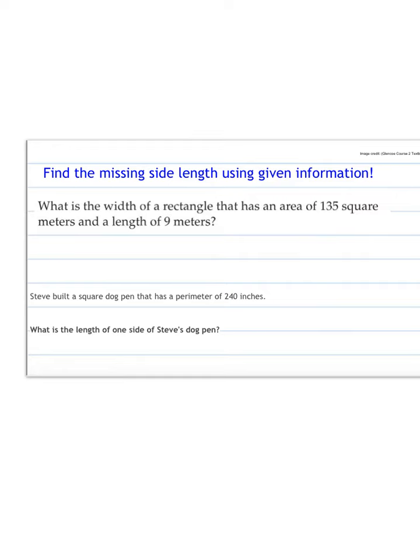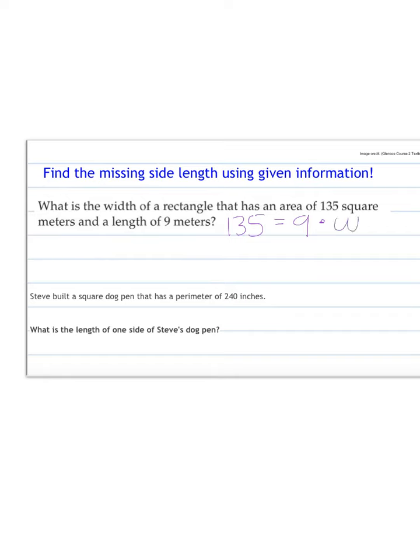All right, we are finding the missing side length using the information that we have here. What is the width of a rectangle that has an area of 135 square meters and a length of 9 meters? Area is 135, the length is 9, and we are looking for the width, so that's where we plug in our variable.